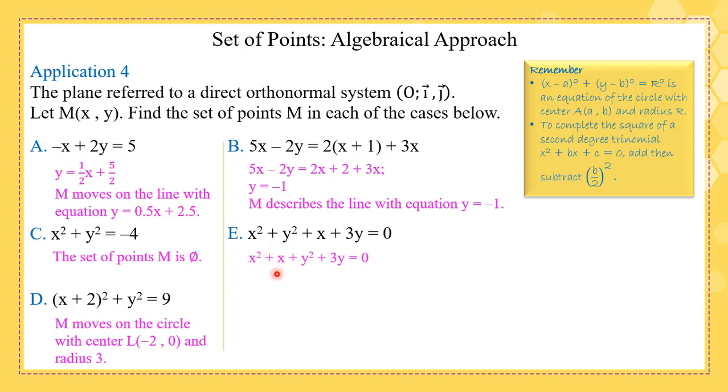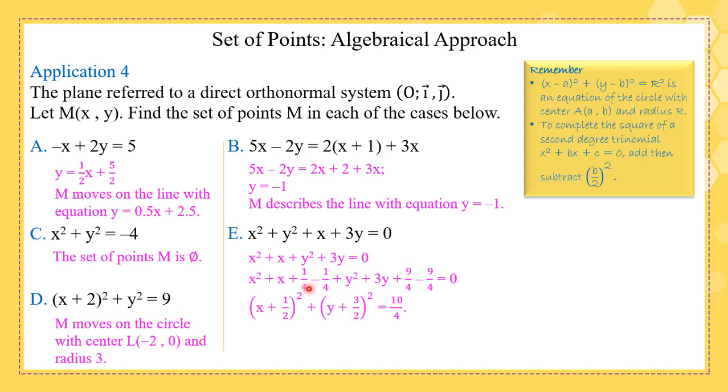This case, so in this case we reorganize x's alone, y's alone. We add and subtract to complete the square. So here we add the coefficient of x, which is 1, divided by 2 quantity squared. So we add and subtract 1 over 4. And then the coefficient of y divided by 2 quantity squared, which is 9 over 4.